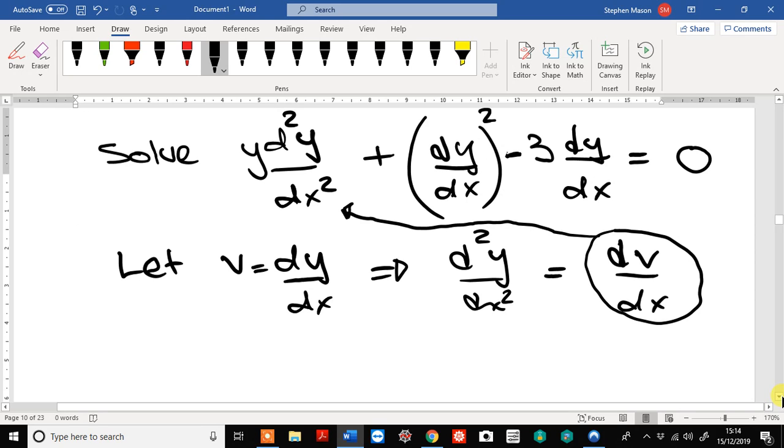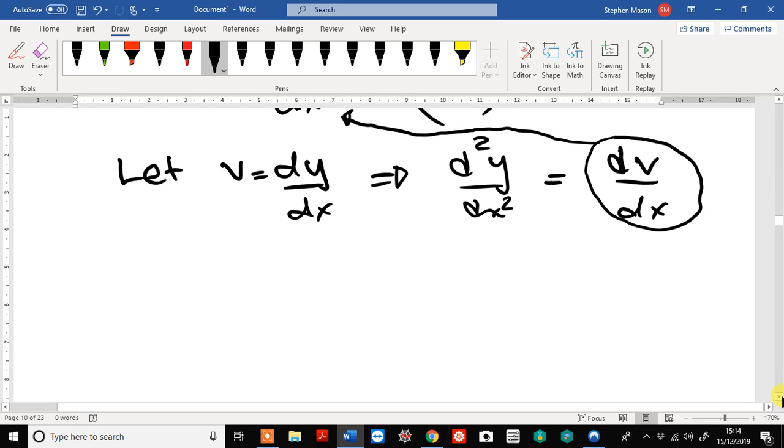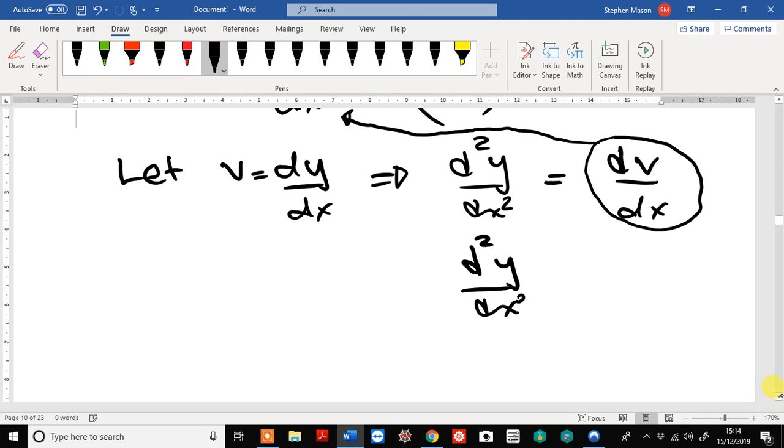So we're going to rewrite this acceleration term as d squared y by dx squared. So we've got the dv here and we've got the dx there.